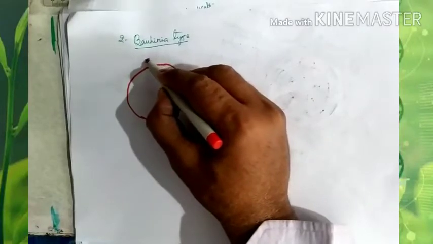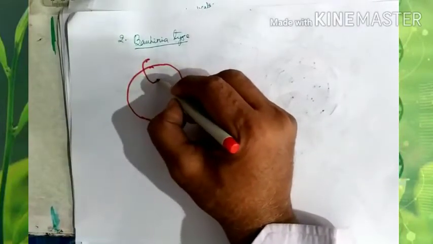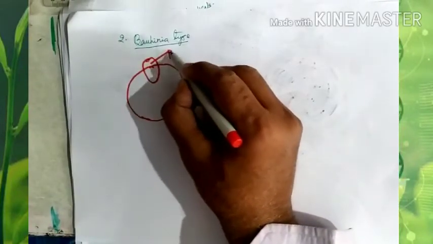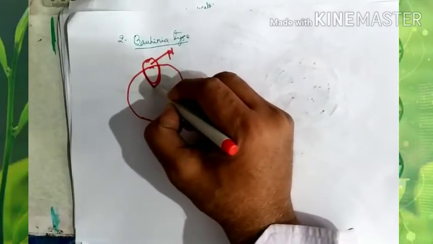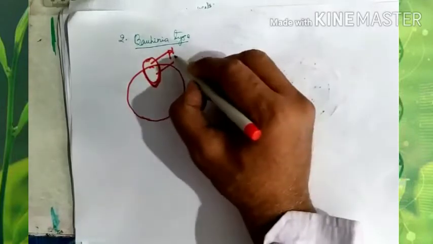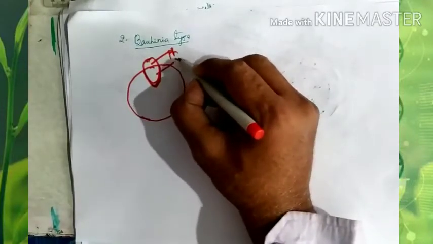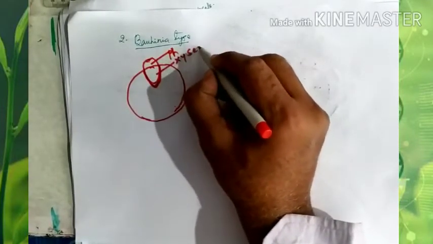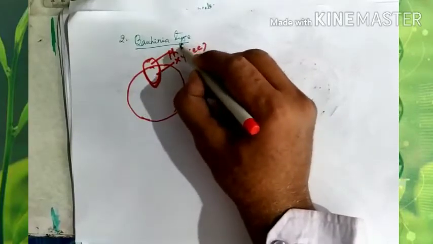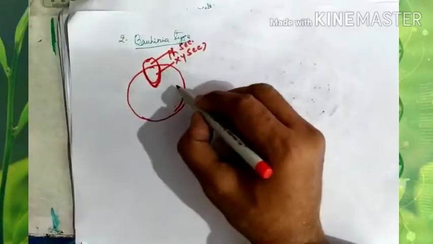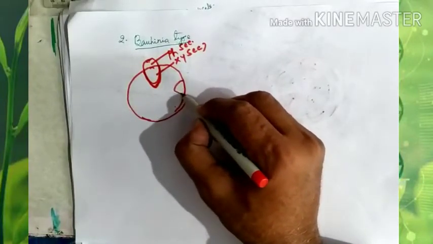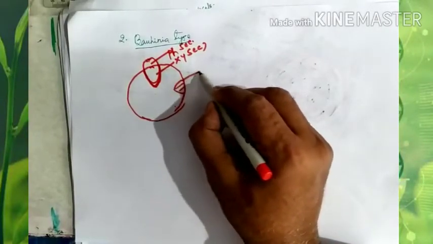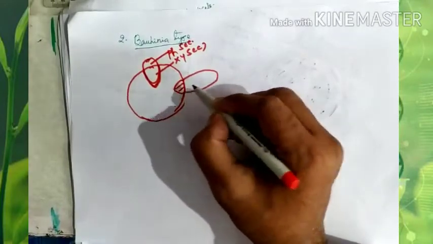Let us see this. Here the phloem is in a lesser amount and the secondary xylem is in a larger amount. This is secondary phloem, but at the other point the xylem is formed in a larger amount and the phloem is formed in a larger amount.